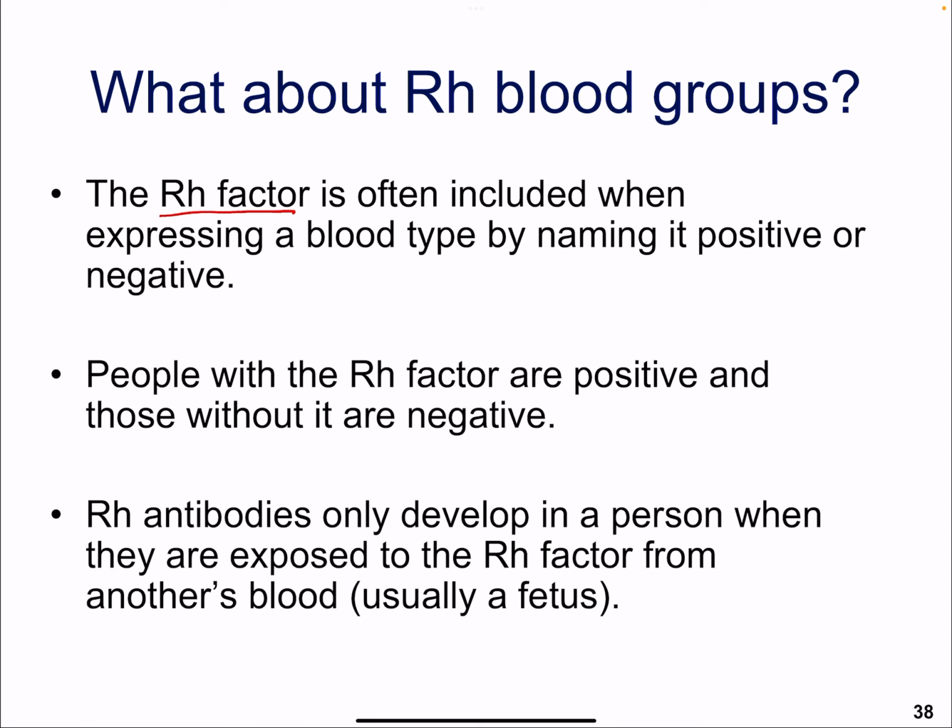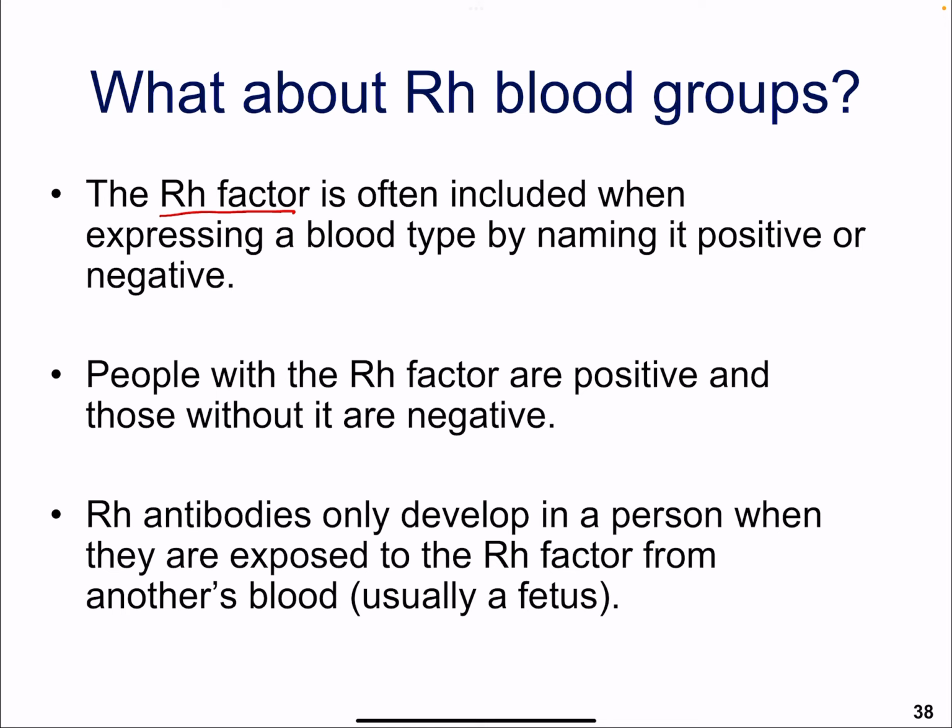Those of us who do not have the rhesus factor on the surface of the red blood cell are said to be rhesus negative, right? So rhesus positive and negative occur both in the population, but this becomes a big deal when it comes to pregnancy. Okay? It becomes a big deal when it comes to pregnancy.